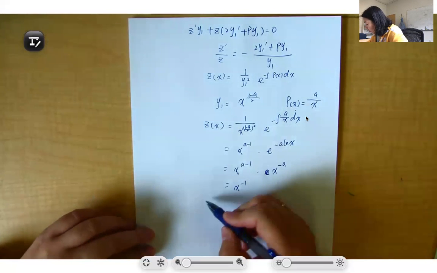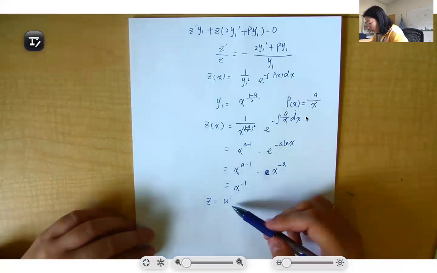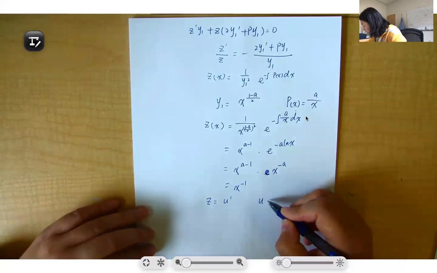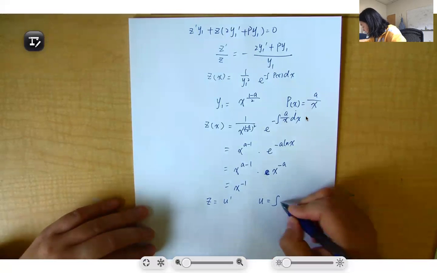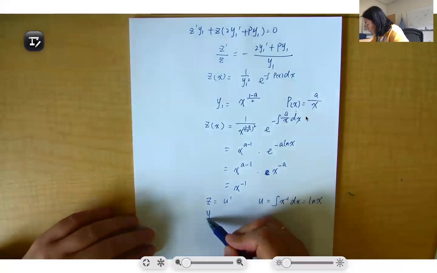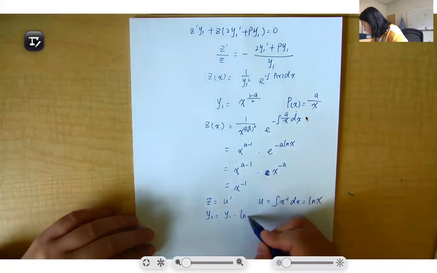And you know that z is equal to u prime. So in order to solve, you just integrate z as a function of x. So u will be the integral of x to the minus 1 dx, that is ln x. So your y2 will be y1 times u, which is ln x.